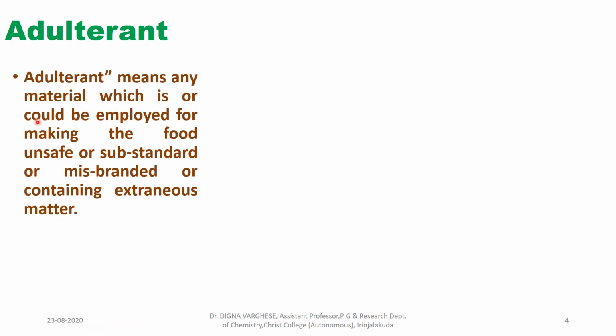Adulterant. An adulterant means any material which is or could be employed for making the food unsafe, or substandard, or misbranded, or containing extraneous matter. Types of adulterants.